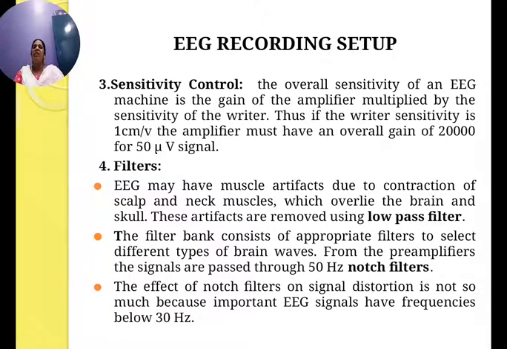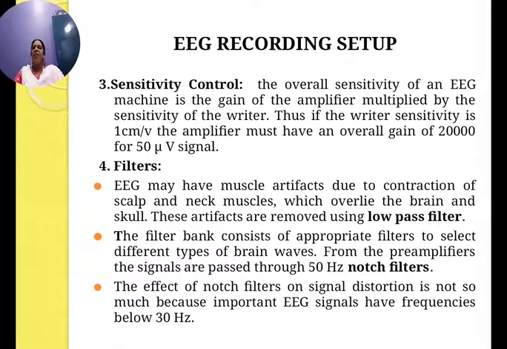Artifacts are nothing but the disturbances due to the contraction of the scalp and neck muscles which overlie the brain and the skull. These artifacts are removed by using low pass filters. Then the filter banks consist of appropriate filters to select the different types of brain waves.